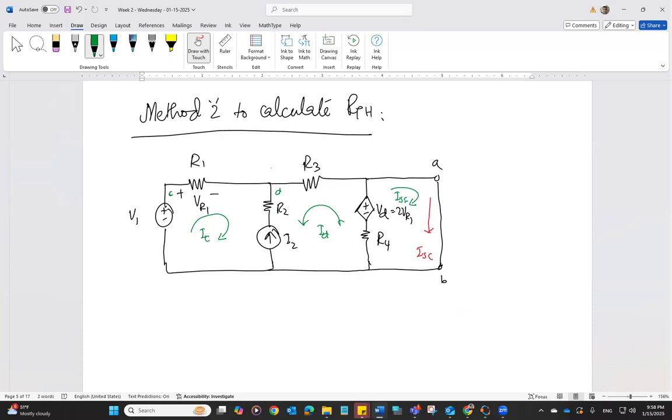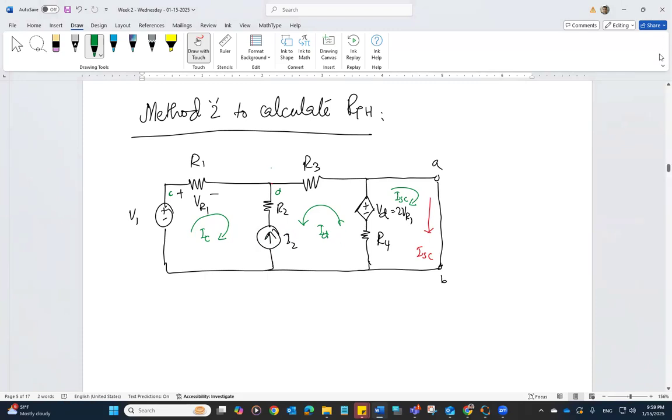And then we can write one equation for the mesh with the short circuit. And then of course our third equation is going to come from the current source, which will be, in this case, the current source I2 is equal to the sum of IC and ID, but since IC and ID are in opposite directions, it's going to be the negative of the sum of the two currents, IC and ID.